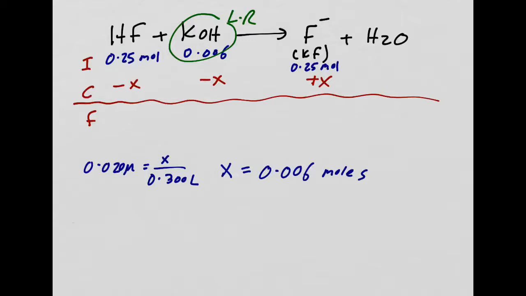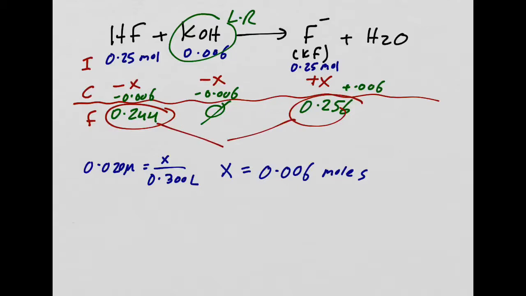So my X is minus 0.006, minus 0.006, and plus 0.006. If I do that, I end up with none of the KOH. Over here, I end up with 0.256 moles of F minus, and over here, I end up with 0.244 moles of hydrofluoric acid.